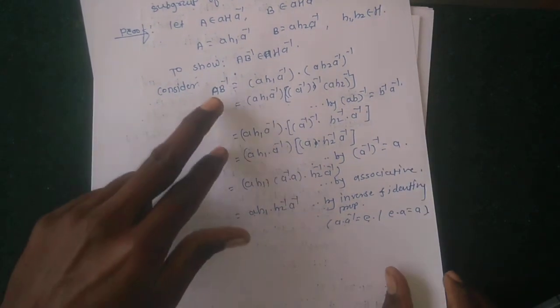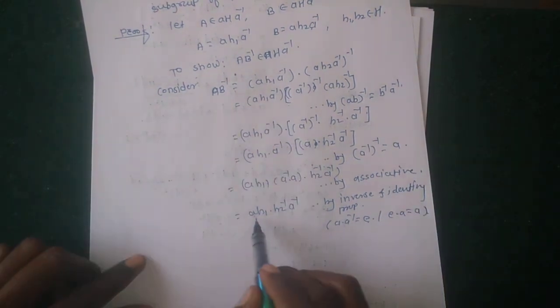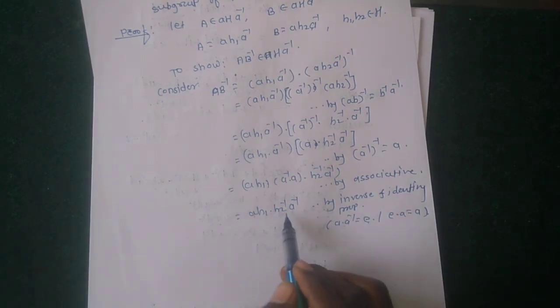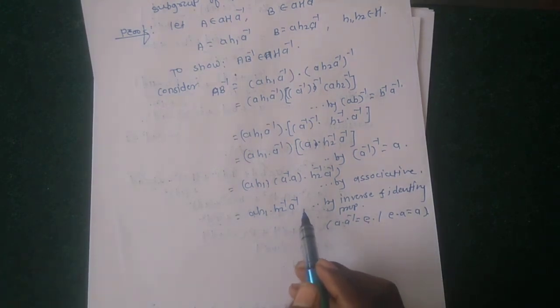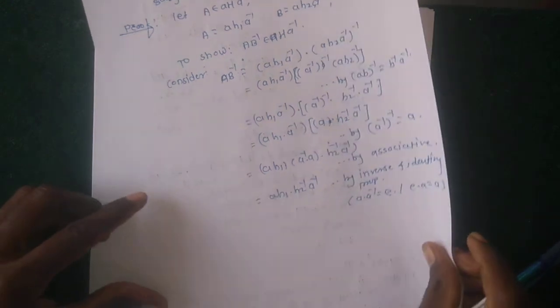Okay, to show that AB inverse belongs to H, this element is of the form A H1 into H2 inverse into A inverse.